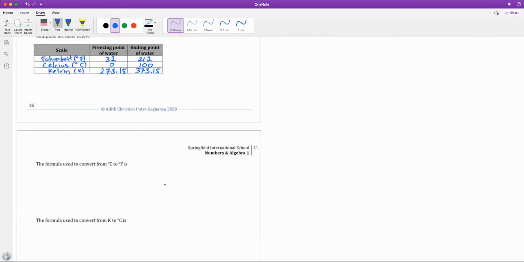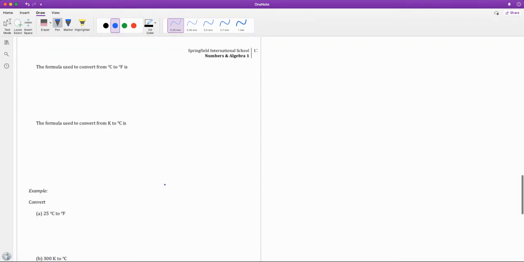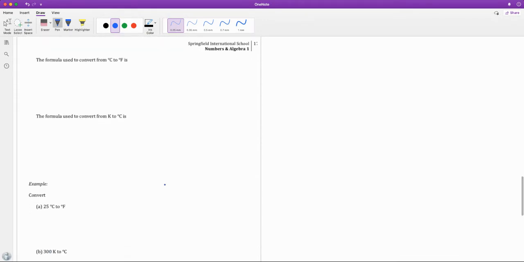Here's the formula to be used. The formula used to convert from degree Celsius to Fahrenheit: TF, which stands for temperature in Fahrenheit, equals 9/5 times temperature in Celsius plus 32.